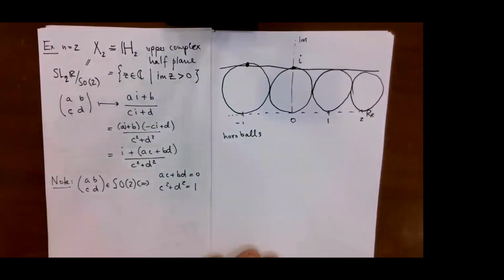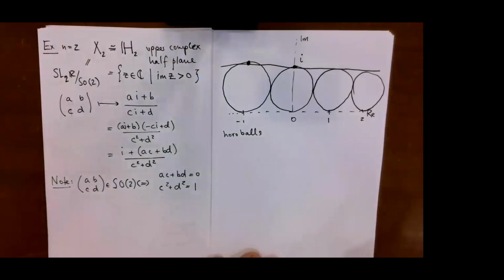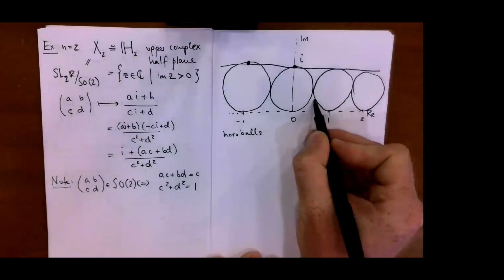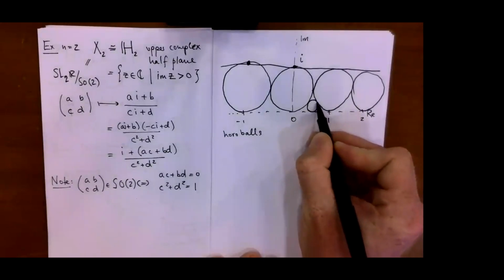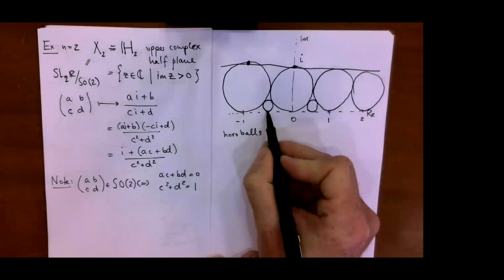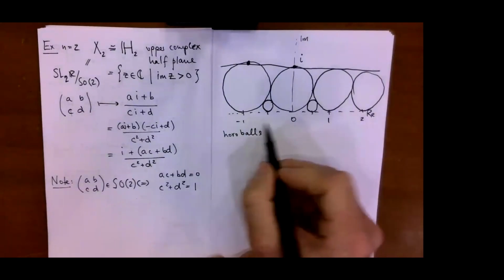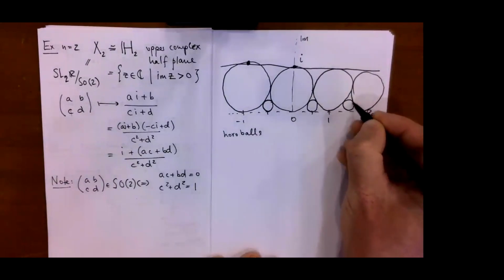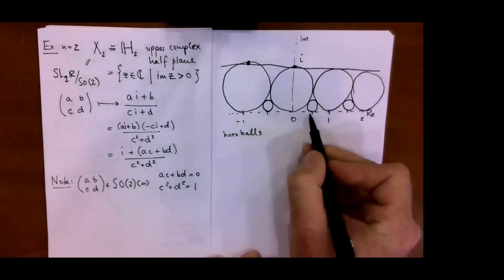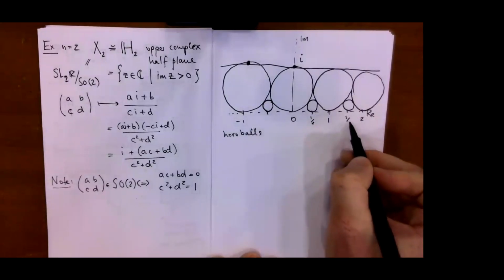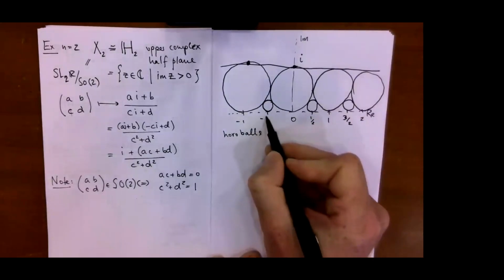And now I'm going to add some more circles, so they always touch the real line and each other. In this case, it's clear this is 1/2, because it's right in the middle. This is 3/2. This is minus 1/2.